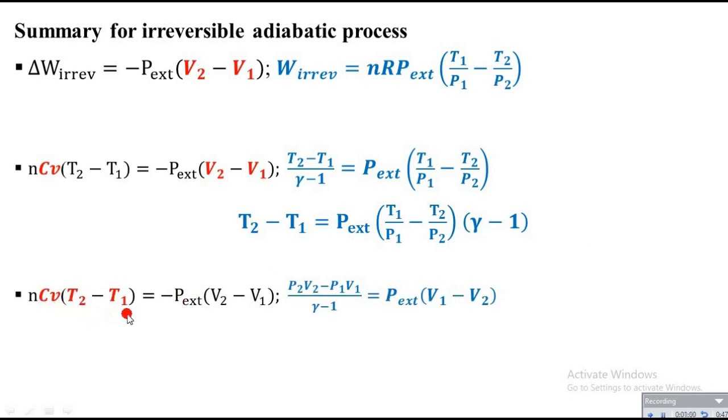Then we got (P2 V2 minus P1 V1) over gamma minus 1 equal to P external (V1 minus V2). Here also you can rearrange the term by multiplying gamma minus 1 to this side. We get P2 V2 minus P1 V1 equal to P external (V1 minus V2) times gamma minus 1.